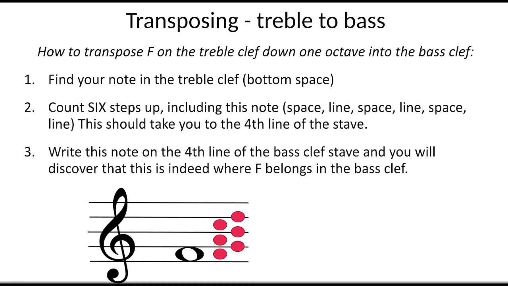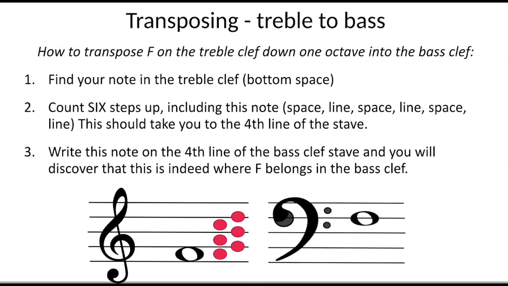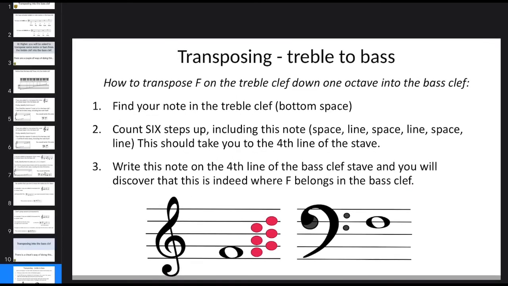If you were to go to your bass clef stave and write that note here on the 4th line of that bass clef, first line, second line, third line, 4th line, you would see that that is an F. So it's just a little cheats way of doing that.